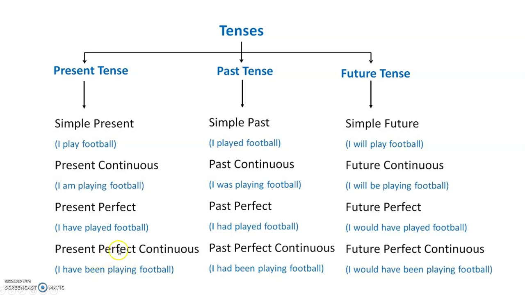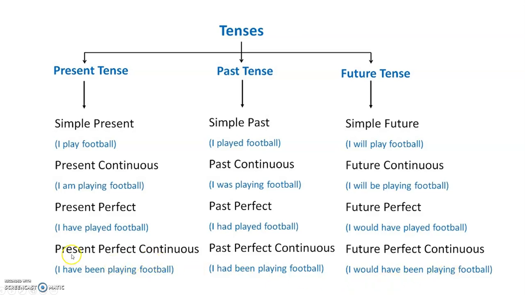Now one thing I want you to remember, children, whether we do present perfect continuous or past perfect continuous or future perfect continuous, what is common? You look at the word, children, here. What is common? Being, being, being. No? And the verb is always ing, ing, ing. This is what I want you to understand. Okay.